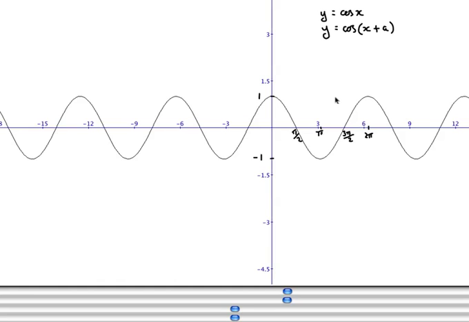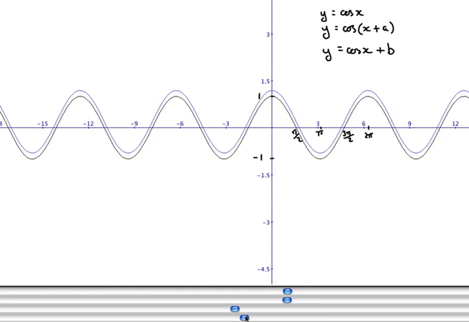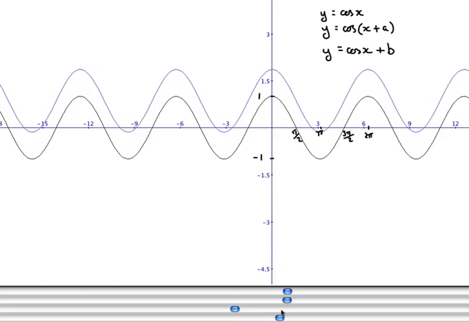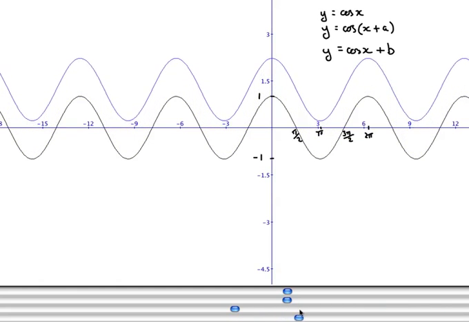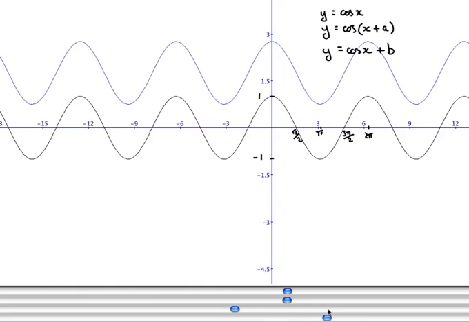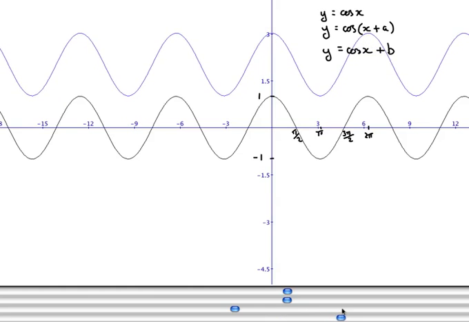Now the other effect is adding a number at the end. So we take the normal values of cos x and add, in the question it's b that's added at the end. Let me show you what happens when we start adding values. There's me adding 1, adding 2.